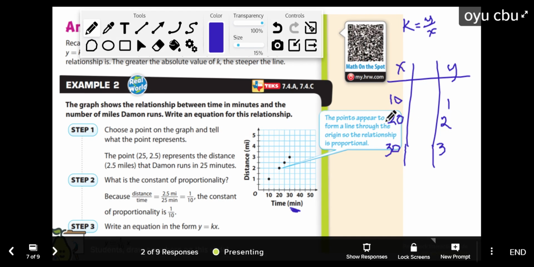It's not times 10. Dividing by 10, we said, is the same as multiplying by the reciprocal. What's the reciprocal? 1/10. The flip, remember? 1/10. In a decimal, 0.1.